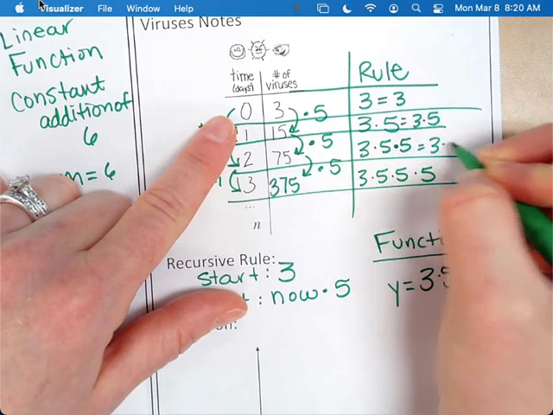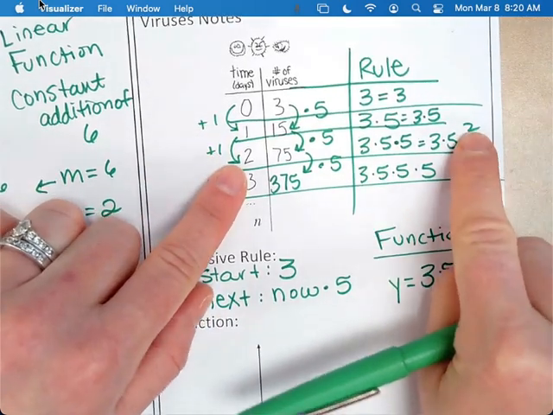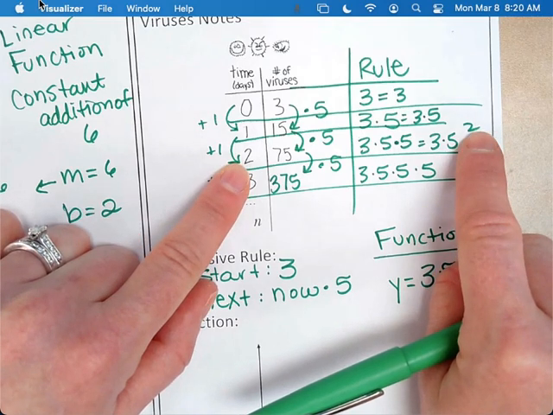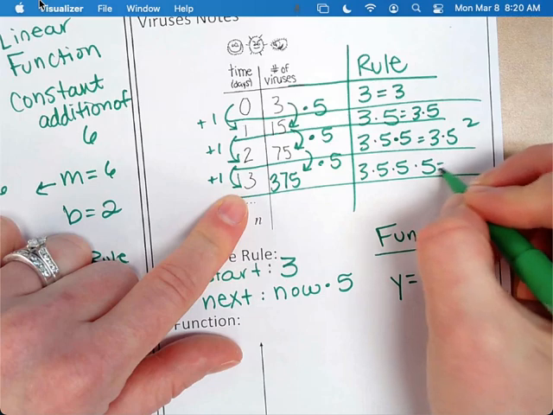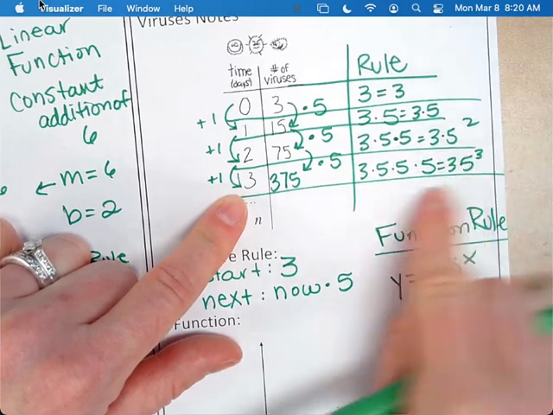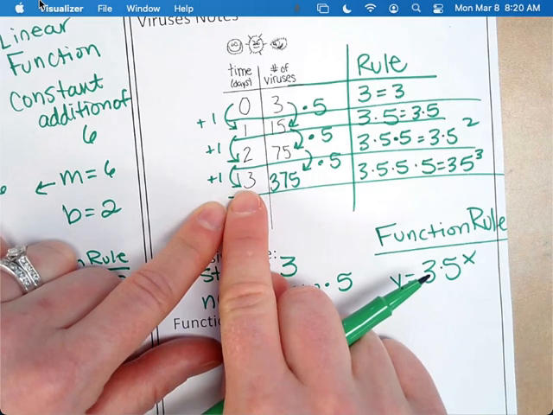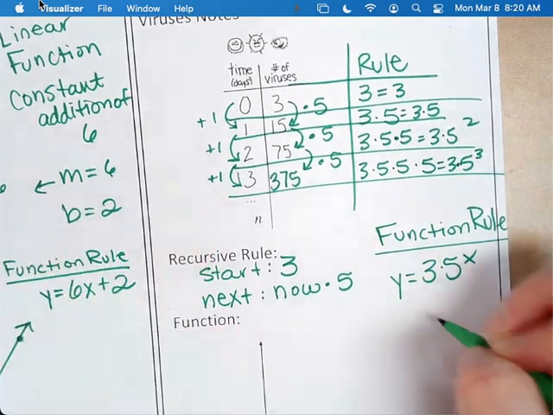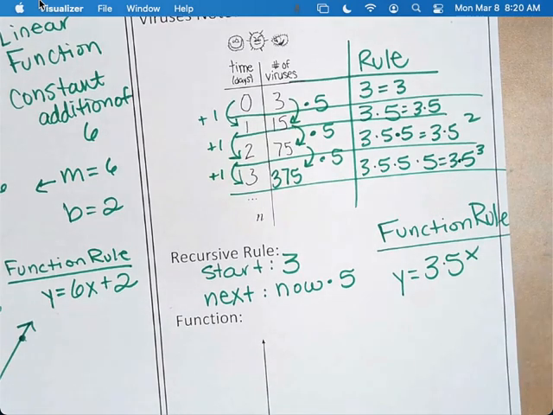This was 3 times 5 squared. So see the 2 and the 2 here? They correspond because that's our x value. And so the next one is 3 times 5 to the 3, which is our x value. I need to put a little dot there. There we go. So 3 times 5 to the x power.